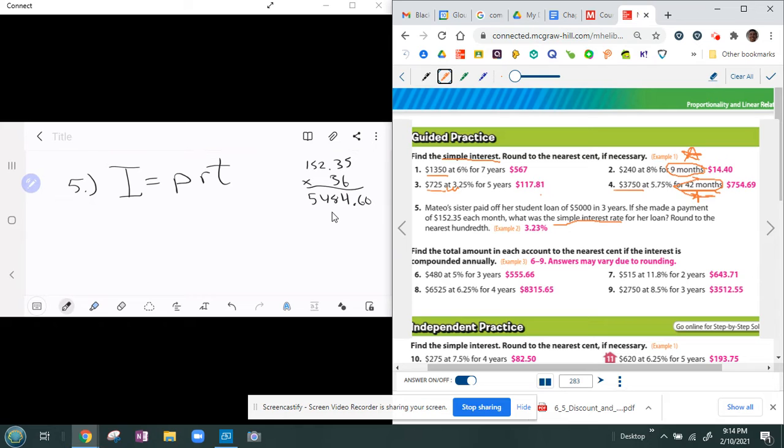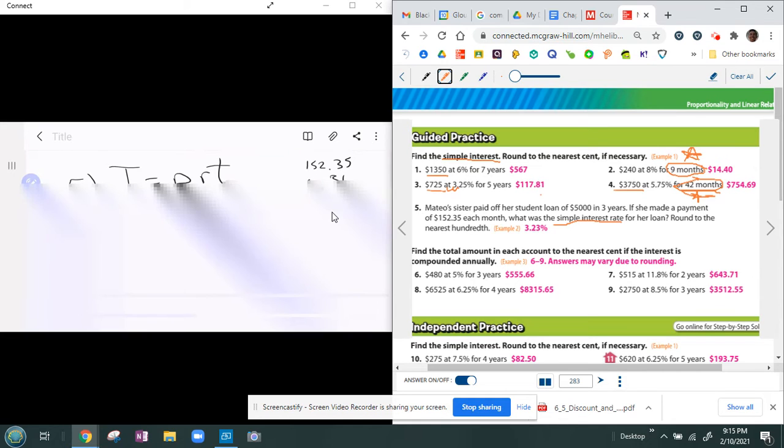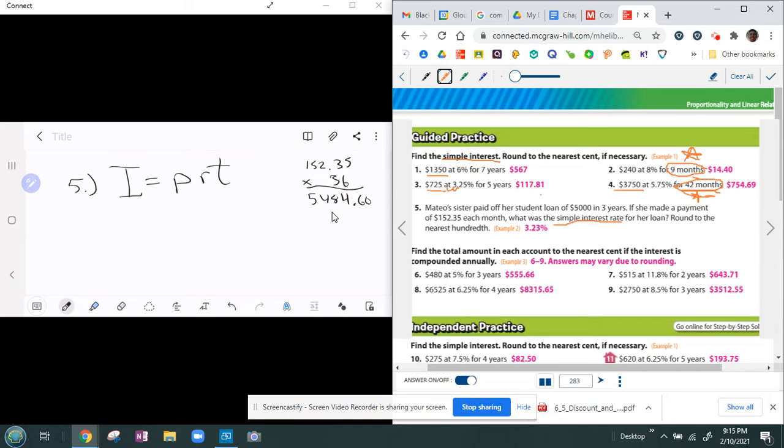She owed $5,000, right? Because you borrowed that for her student loan. But she actually ended up paying $5,484.60. So if we subtract the $5,000 that she actually owed, we get $484.60. That is the extra that she paid, so that's what we call the interest.